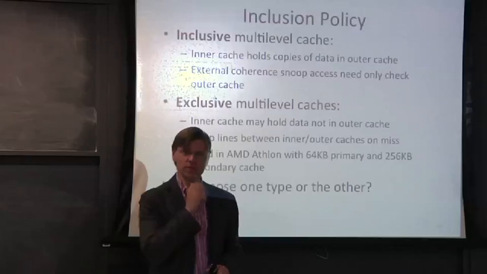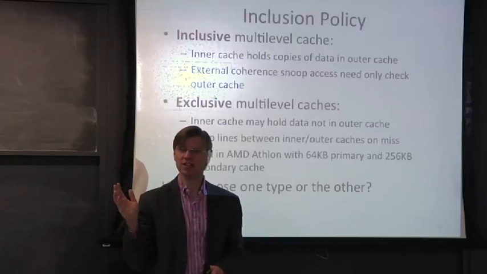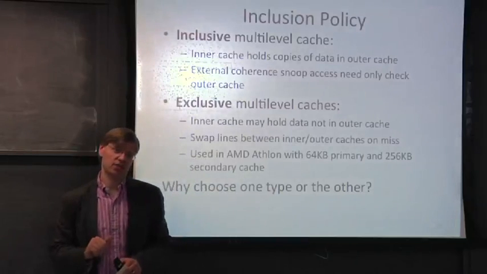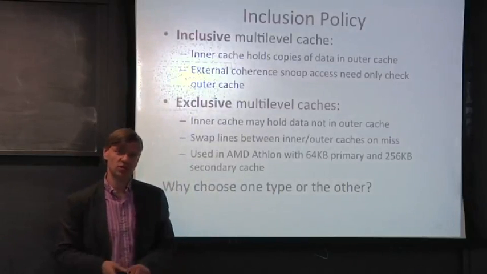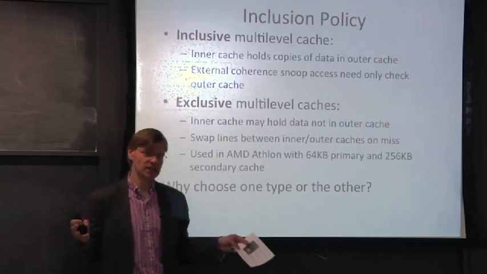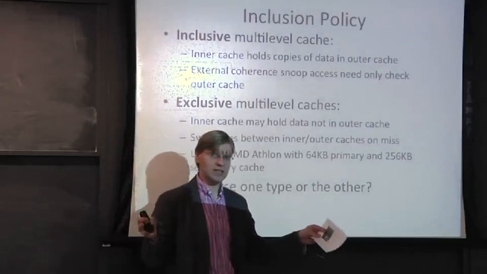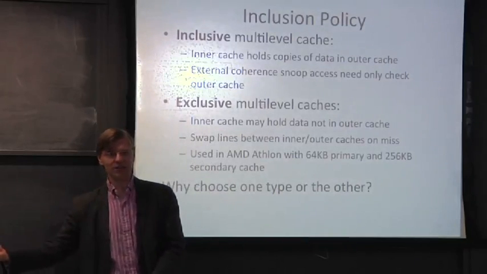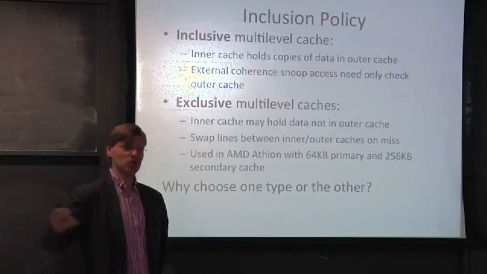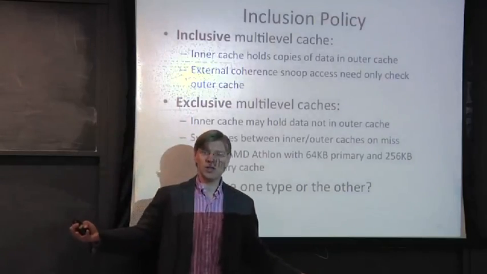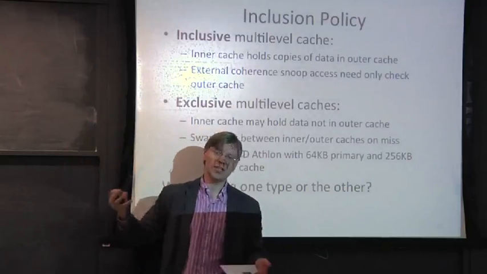Well, it means if you evict something out of your level 1 cache, you probably want to put it back into the level 2 cache in an exclusive design, because that's kind of the idea behind caches. You want to have a certain amount of working set in your cache. So if you evict something out of level 1, that's probably still a relatively useful thing. It would still probably fit in your larger working set of the level 2. So you just don't want to throw it away. You want to keep it around.